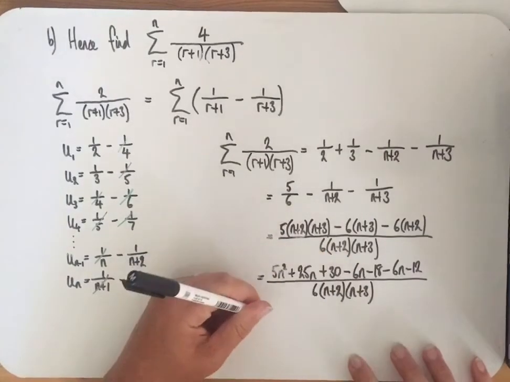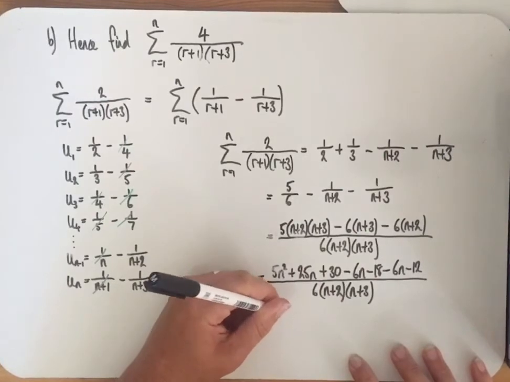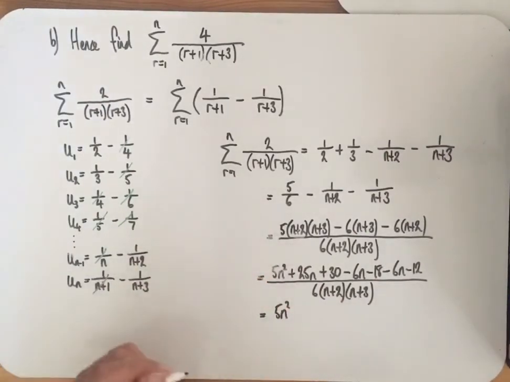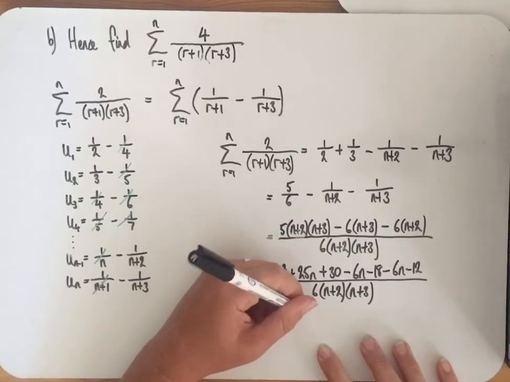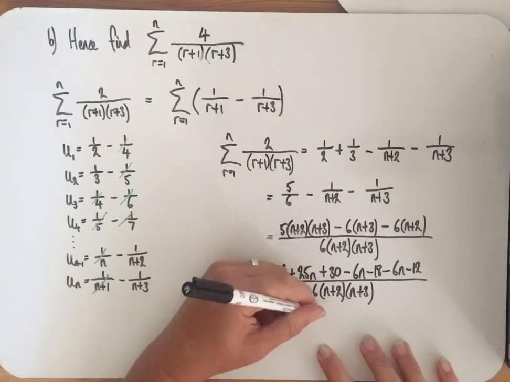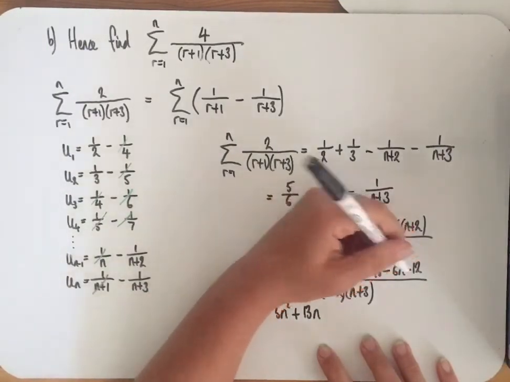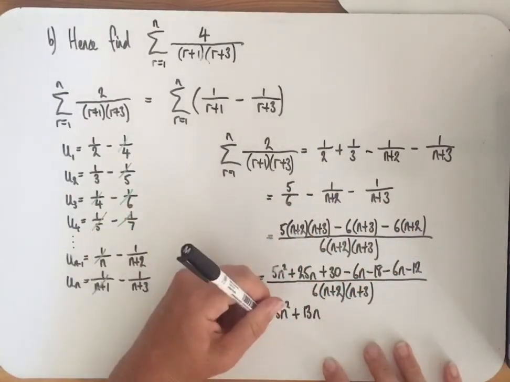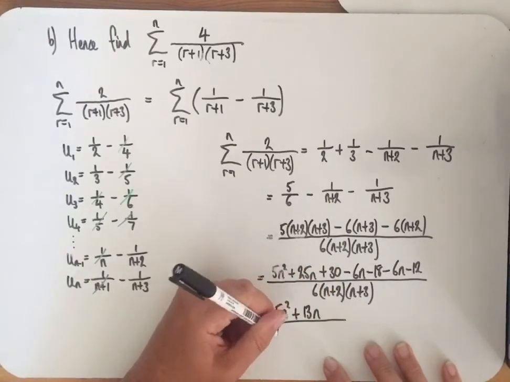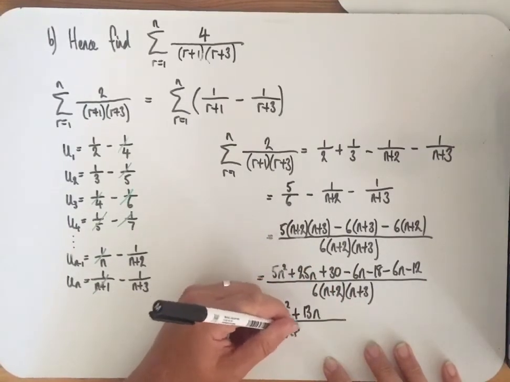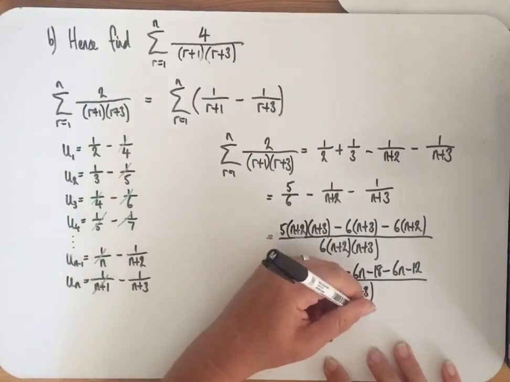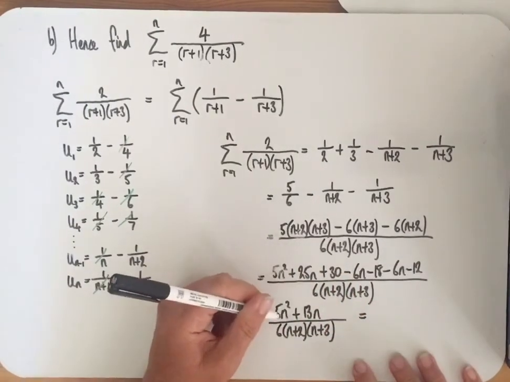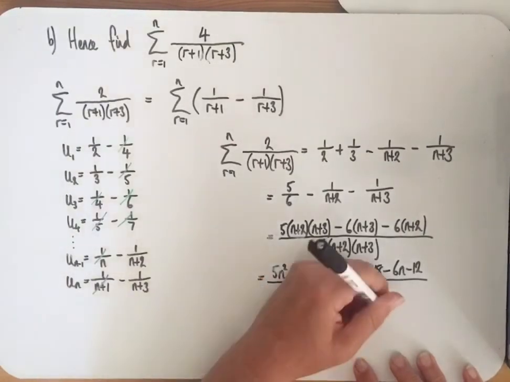Takes us to there, and then tidying that up, I get 5n squared plus 25 minus 12, which is 13n. 30 minus 18 minus 12, they cancel out. And then do factorise these if you can, so I can take an n out of here.